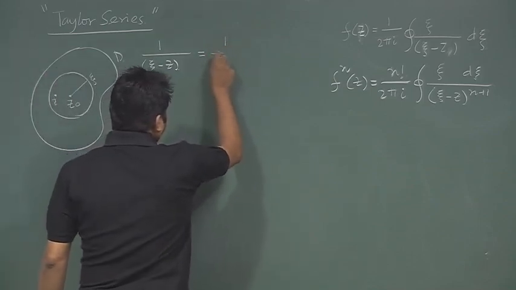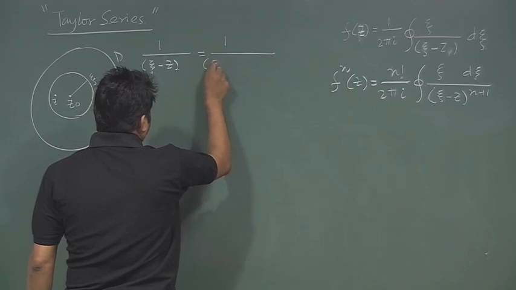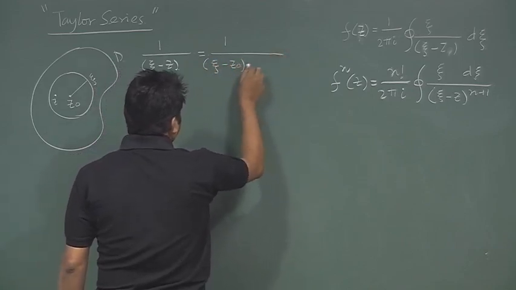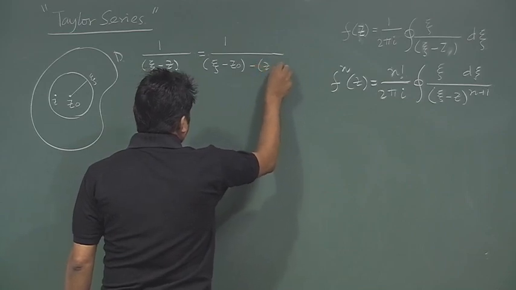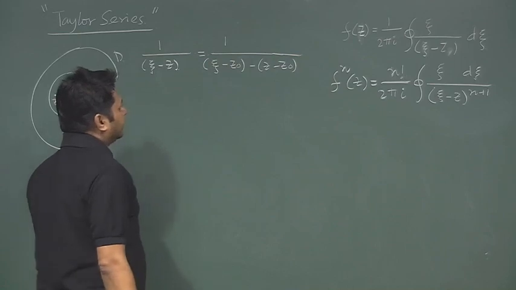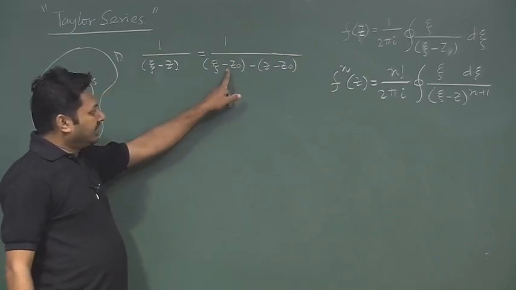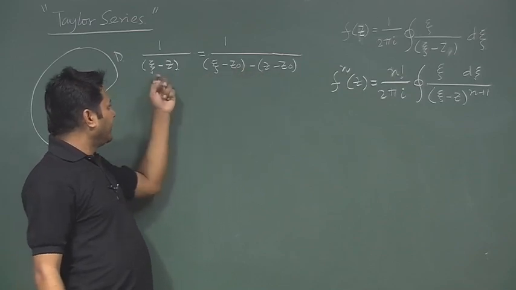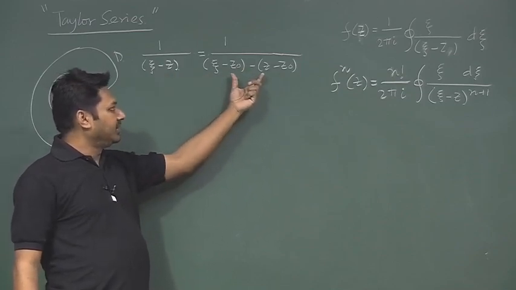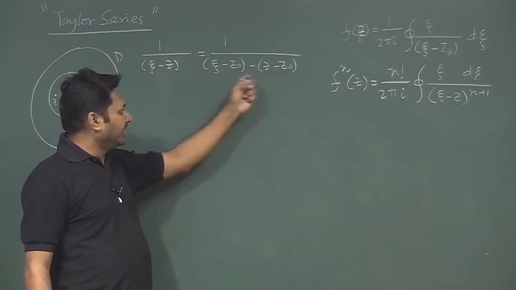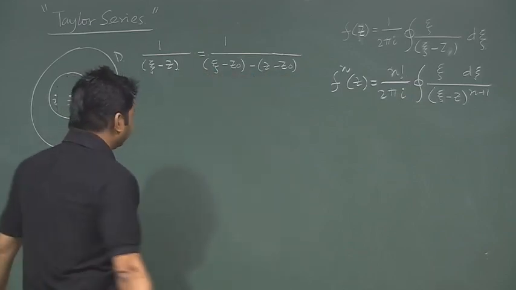So let me write this as xi minus z0 minus z minus z0. So minus z0 and plus z0 I add, and I rewrite this same expression in terms of z0, so that the z0 terms will cancel out. So that just xi and z is sitting here.